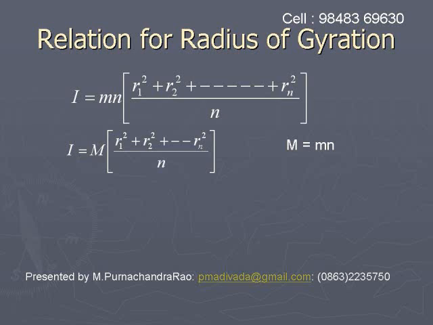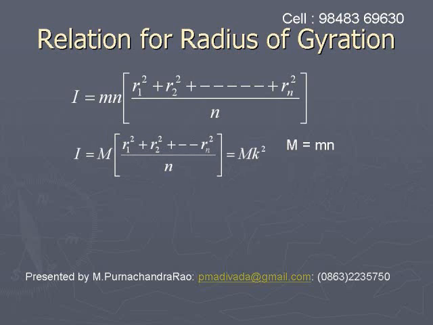Now mn becomes equal to capital M, the total mass of the body. So I is equal to capital M into R1 square plus R2 square plus and so on plus Rn square, divided by n.